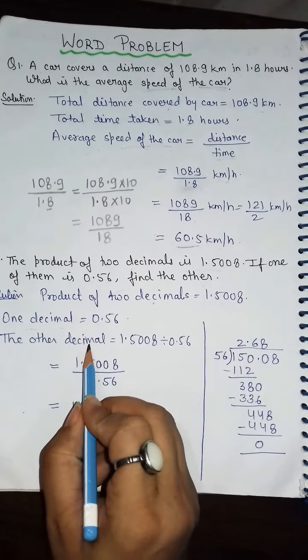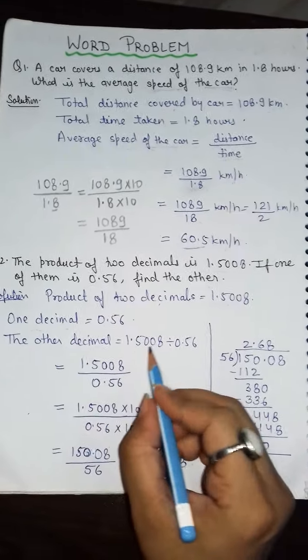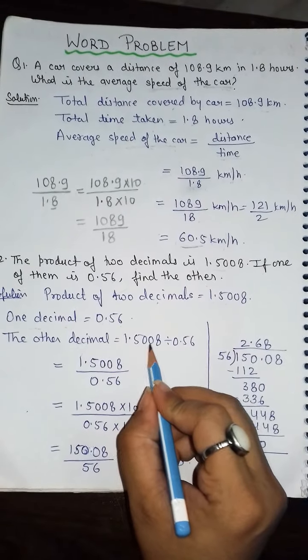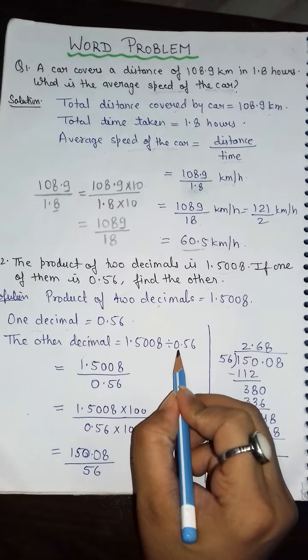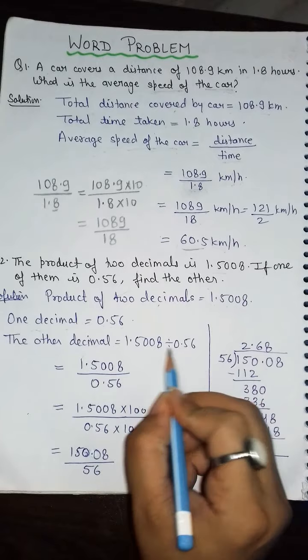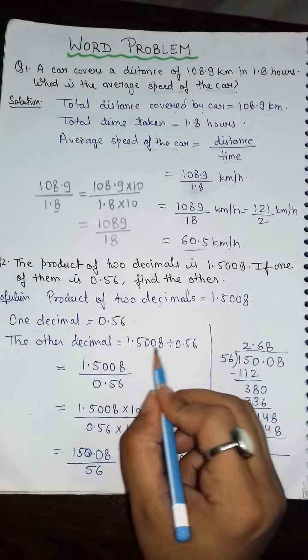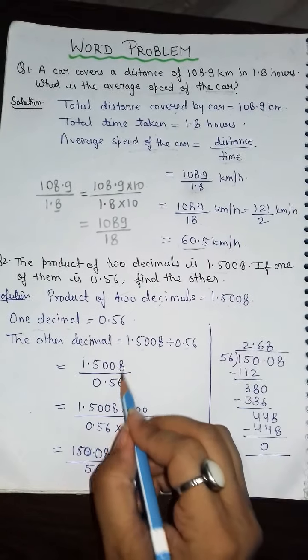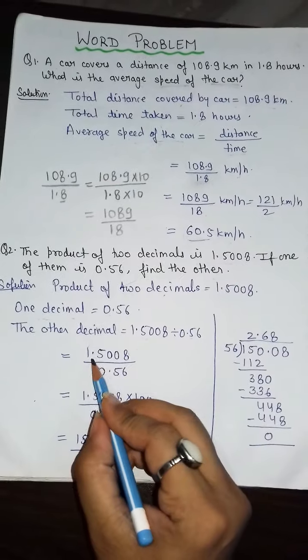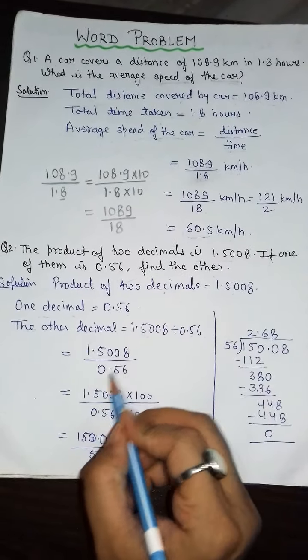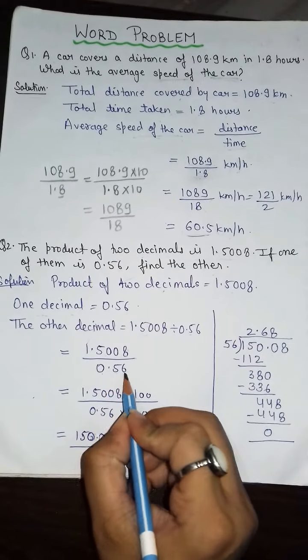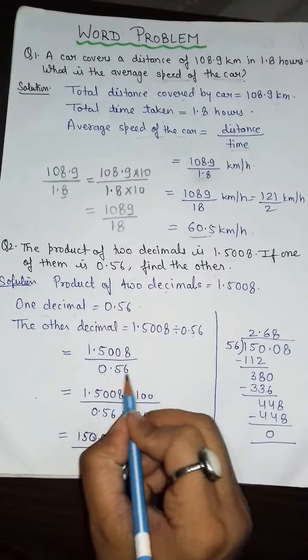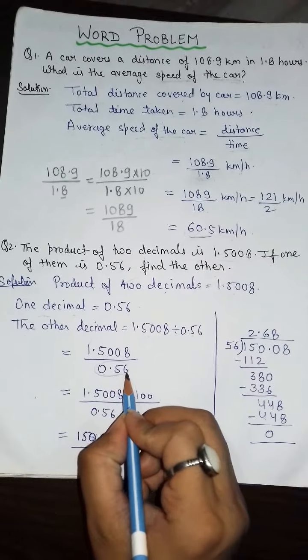The other decimal is equal to 1.5008 divided by 0.56. Here again division of decimal by decimal. So write 1.5008 upon 0.56. First convert this divisor into a whole number.